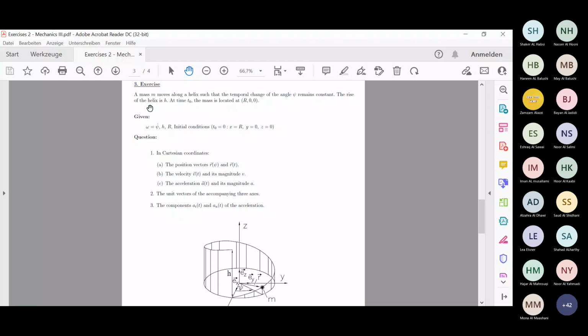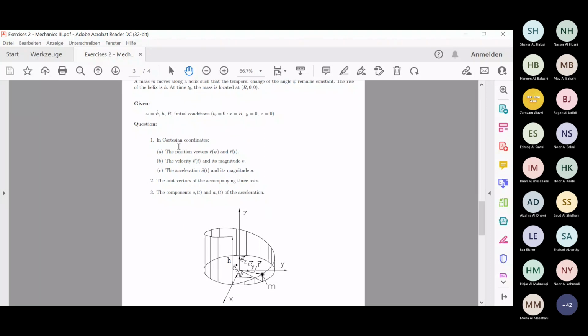That is, we start from this point, where in z and y we have 0, and in x it's only the radius of this circle.